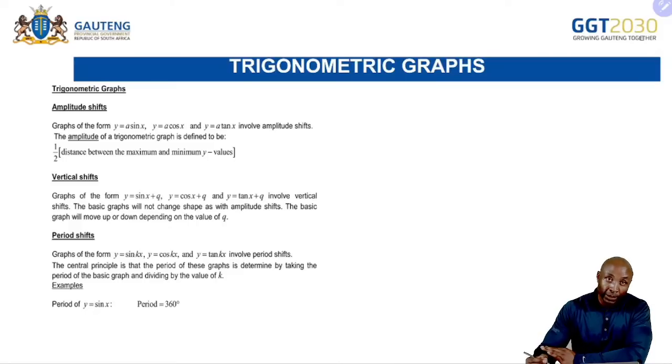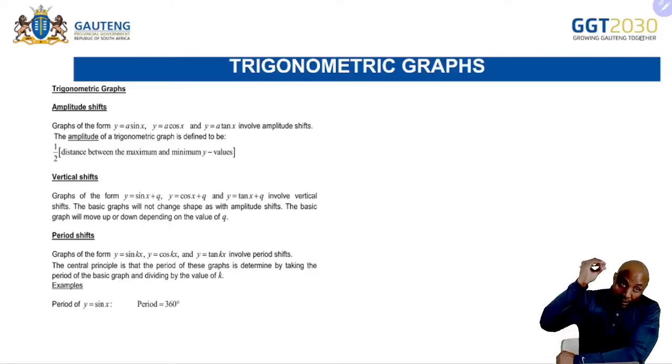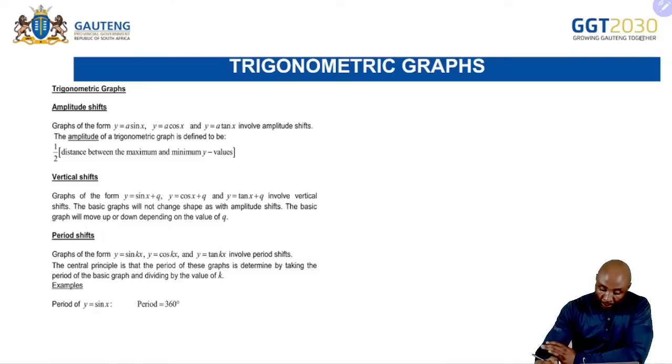It is the displacement from rest to maximum or minimum point on our graph, and we are able to get amplitude using that. You take your y values at the maximum and minimum, you subtract, and you get your amplitude. It does not have a sign.